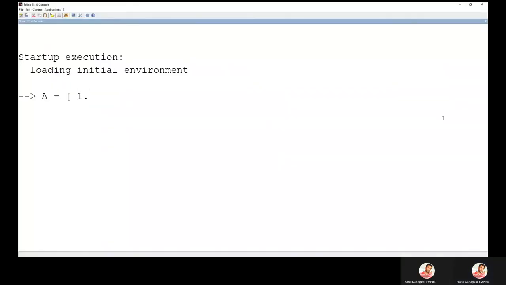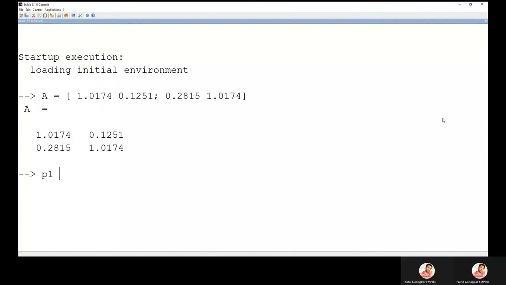It is 1.0174, comma, this next row entry 0.1251. The second row is 0.2815 and 1.0174. So this is the matrix A. The point P1 that we have decided is 5.9996 and 3.4630.